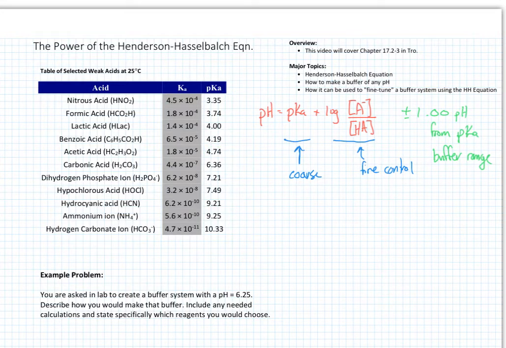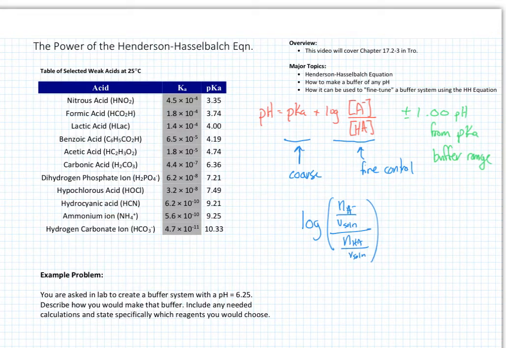Okay, we can also use number of moles instead of molarity. So think about this formula here, log of, I'm going to use big brackets here, number of moles of A minus divided by volume of solution, of buffer, divided by number of moles of HA divided by the volume of solution. Remember, a buffer solution is one system, right?